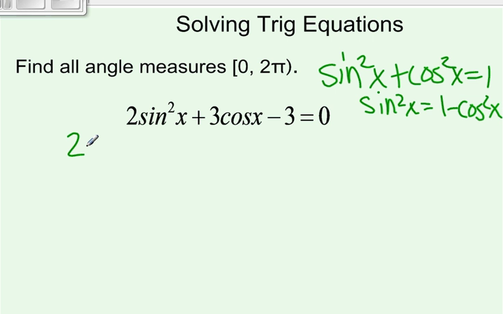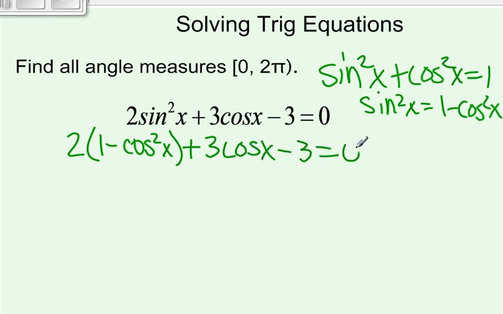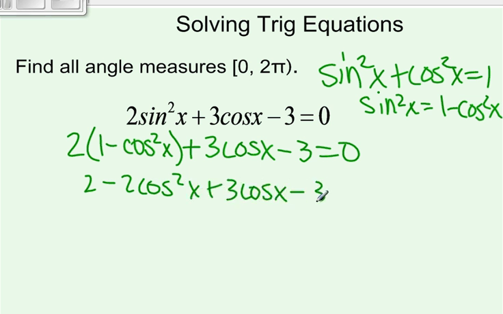So I'm going to have 2 times 1 minus cosine squared of x plus 3 cosine of x minus 3 equals 0. I'm going to distribute my 2 in, so 2 minus 2 cosine squared of x plus 3 cosine of x minus 3 equals 0.